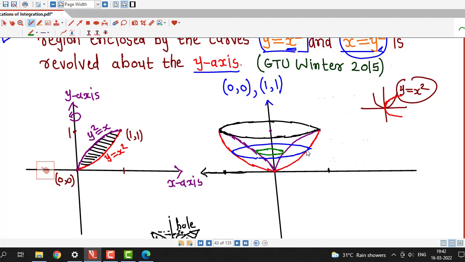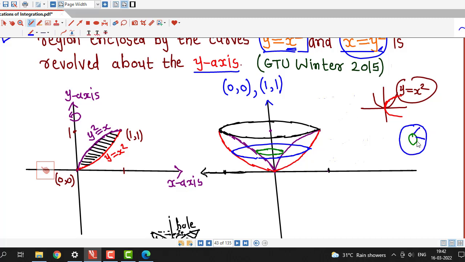So we will find out the area of this washer, and you can see this washer has its area between two circles. We have this type of situation, inner circle and outer circle.